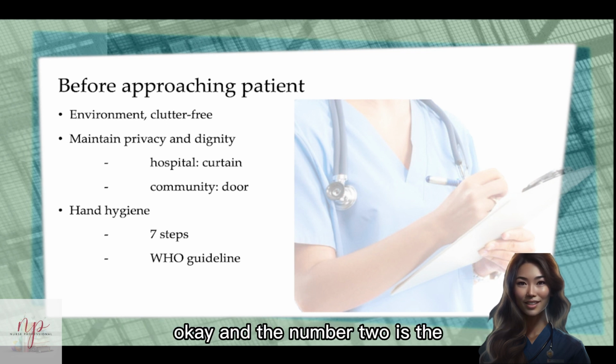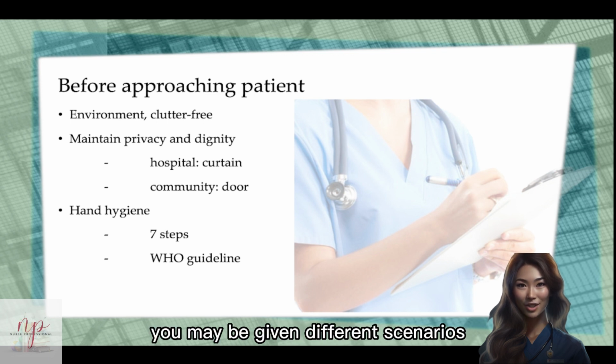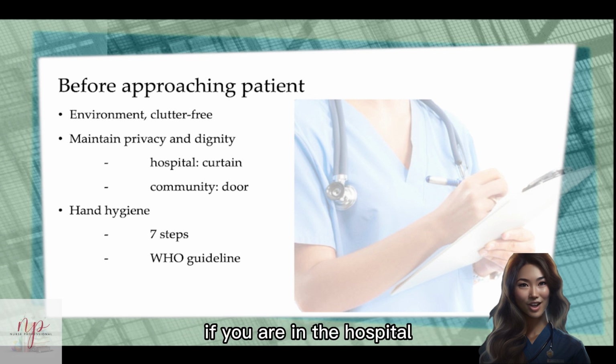Okay? And the number 2 is to maintain privacy and dignity. So for example, you may be given different scenarios, maybe in the hospital or in the community. If you are in the hospital, you need to close the curtain to ensure patient's privacy and dignity.